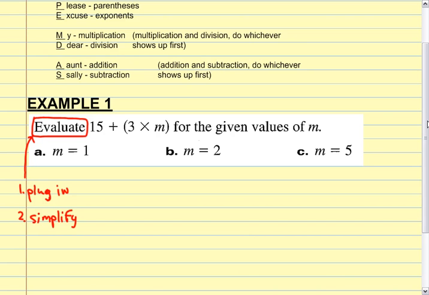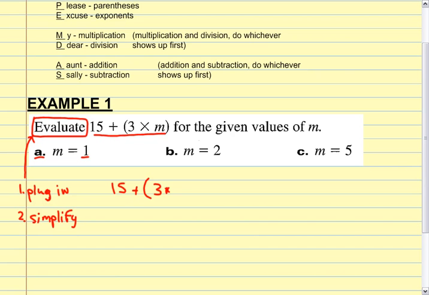So, Hannah, part A right here says m equals 1. Evaluate this expression when m equals 1. So watch what we do. Are you ready? We're going to say 15 plus parentheses 3, and I don't use that x for multiplication.